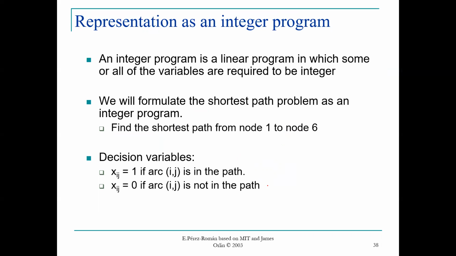We formulate the shortest path problem as an integer program, and we find the shortest path from 1 to 6. So the decision variables are going to be xij equals 1 if arc ij is in the path, xij equals 0 if arc ij is not in the path.